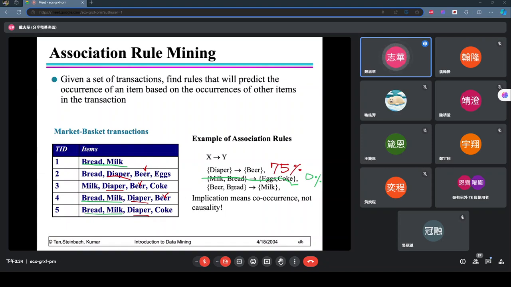The next, beer and bread. When these two happen, milk happens. It's 50. The confidence is 50.